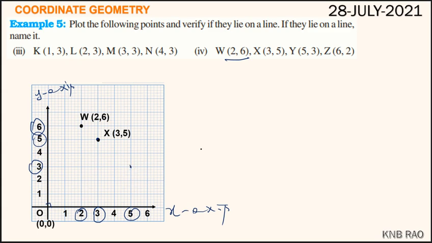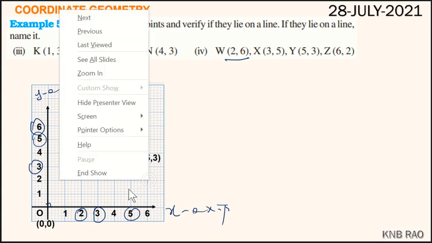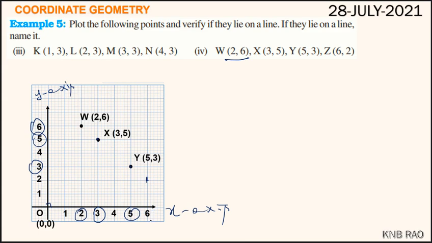So, this is the point (5, 3). Then (6, 2) is easy: 6 on the x coordinate, 2 on the y coordinate. A line passing through them intersects here at Z (6, 2).